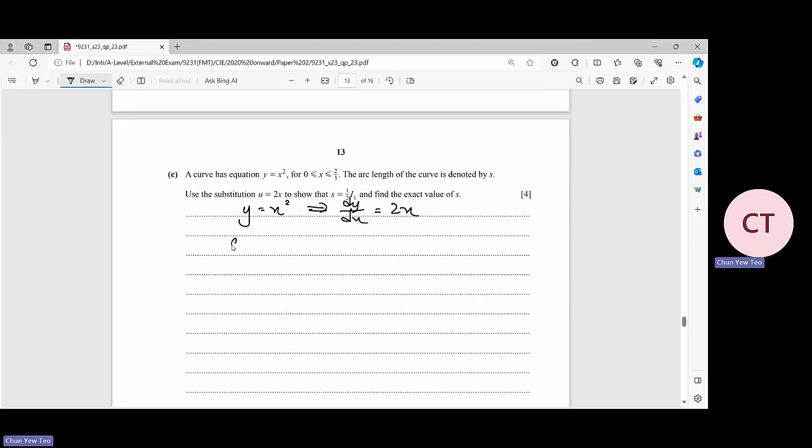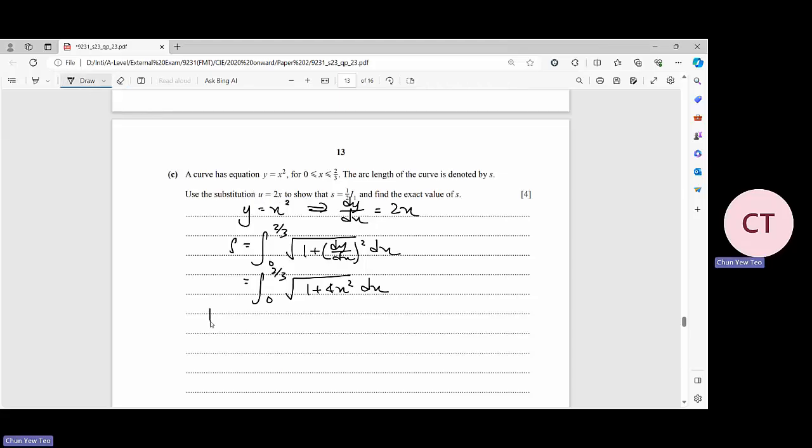Then the formula for the arc length is the integral from 0 to 2 over 3 of the square root of 1 plus (dy/dx) squared dx. So you will get the square root of 1 plus 4x squared dx. And then the question asks you to use a substitution in order to find the arc length.